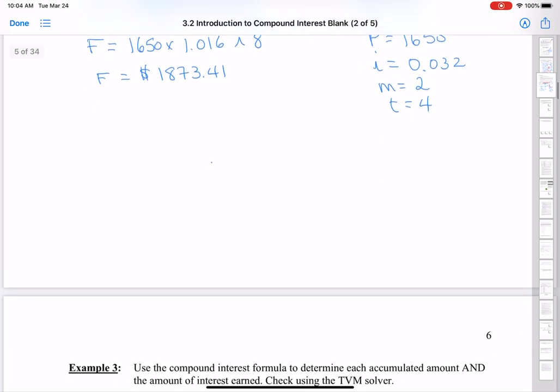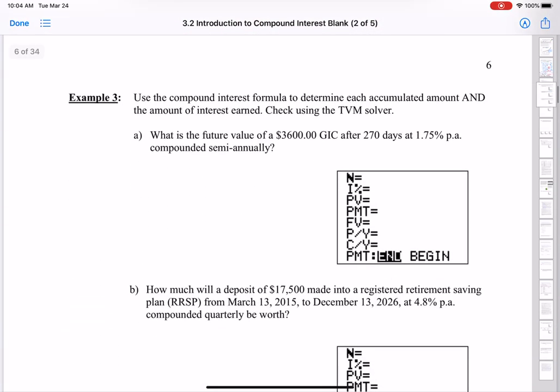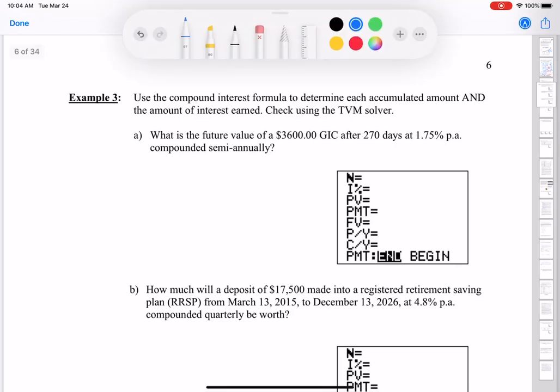All right, let's try this again. Let's go back to example 3, where we're finding the future value of a $3,600 GIC after 270 days at 1.75% compounded semi-annually. Again, I see the word compounded, and I know that I require the future value.